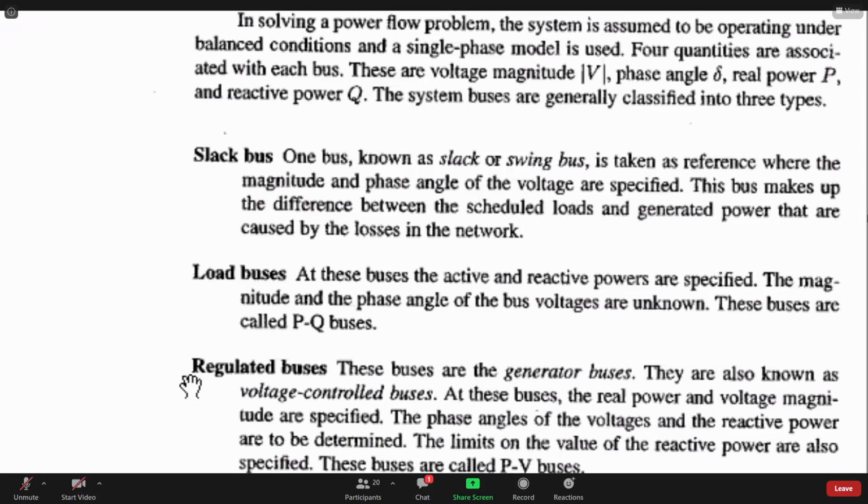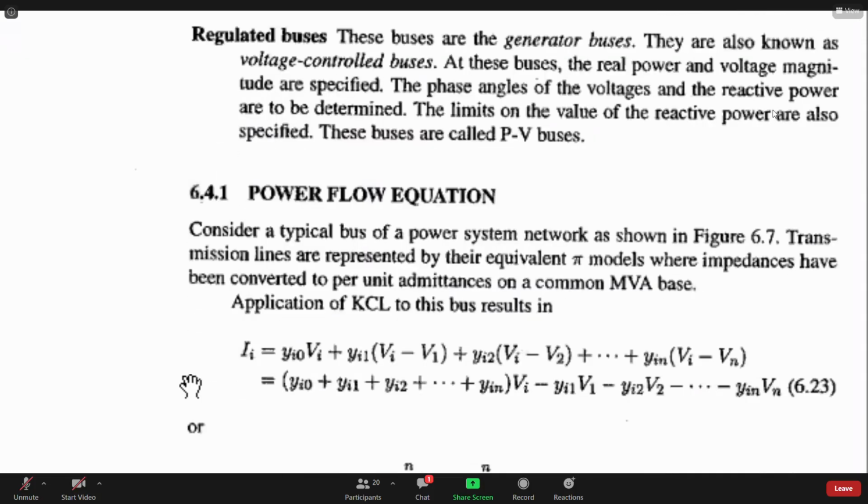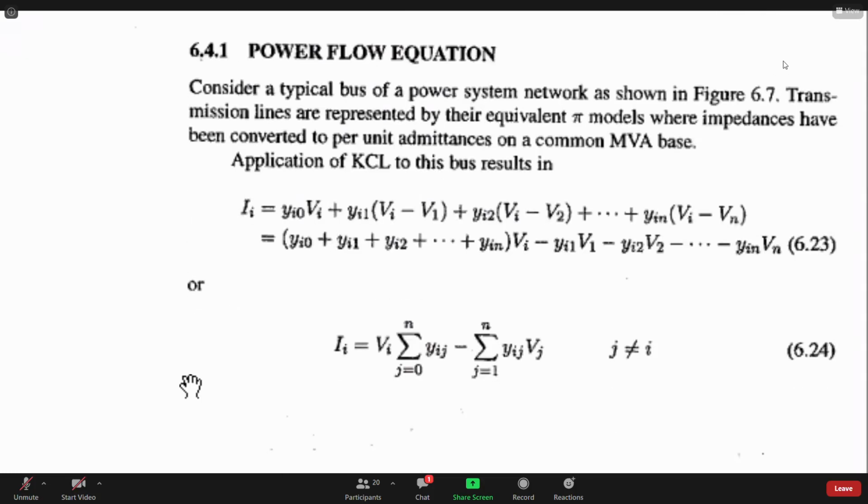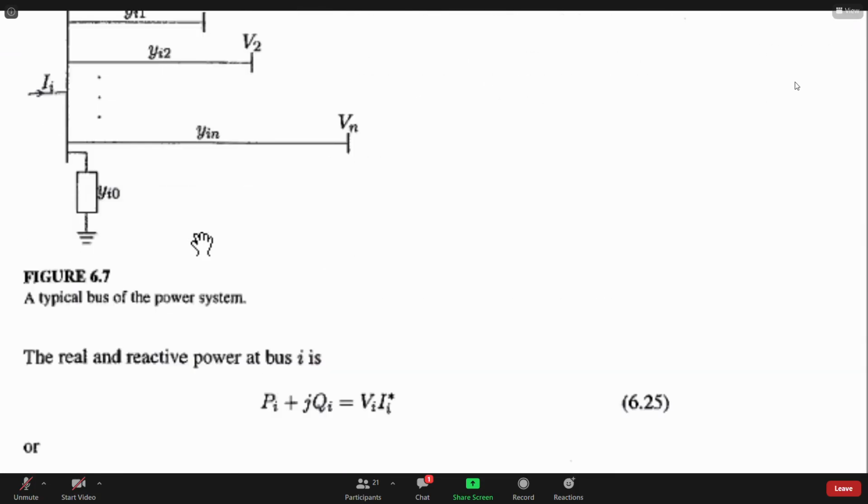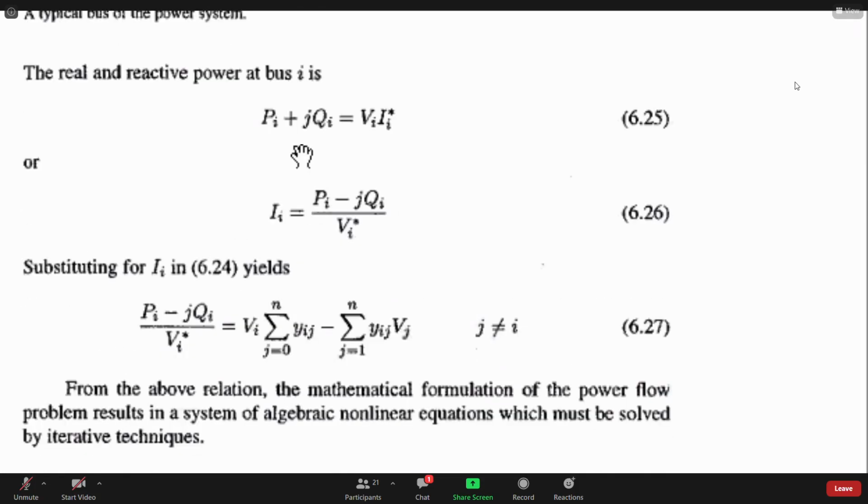Based on those bus categories, we have the general, important power flow equation, which is based on the KCL concept in terms of admittance Y. We know how to generate that equation based on KCL, right? And you have another expression, the complex power expression. From these two currents, we can get the generalized expression.